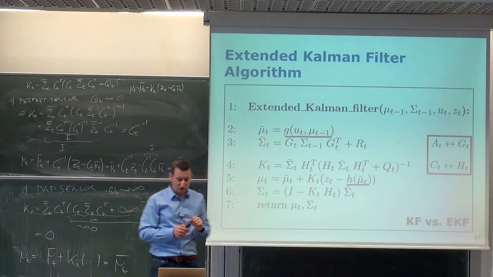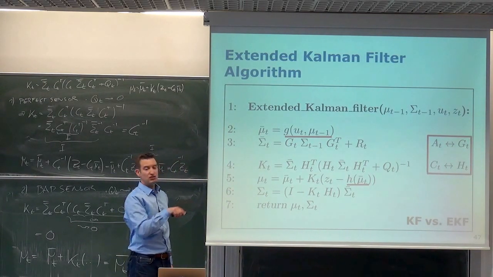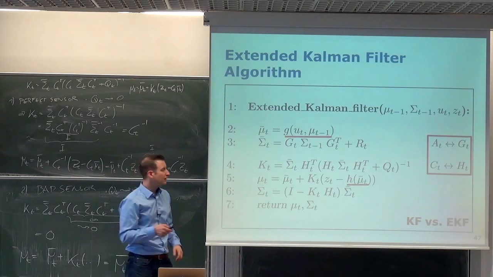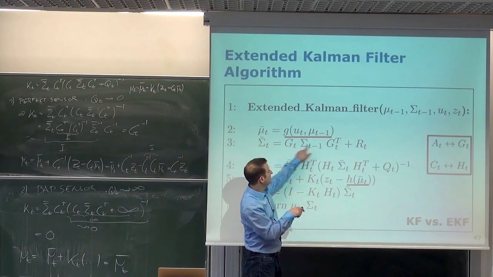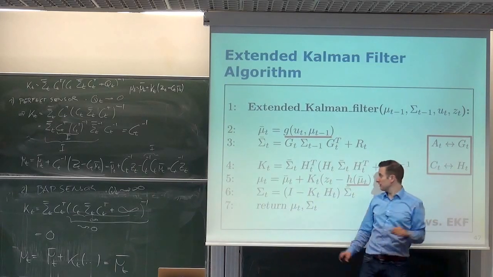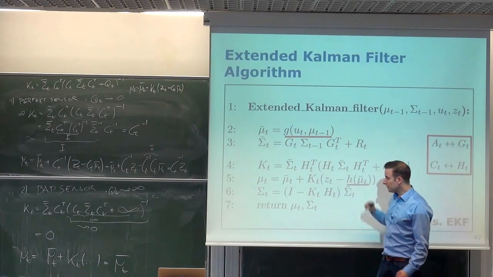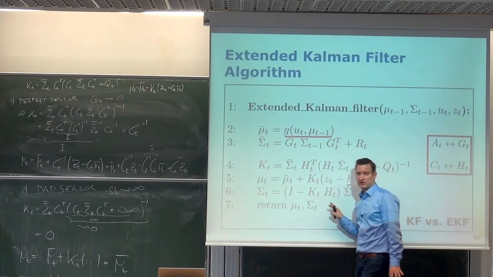So these are two changes. And what additionally changes, instead of my matrix A, I have the Jacobian, so the linearized form in here. And for CT, I have the linearization, so sitting over here, replacing CT by HT. The rest of the equation stays the same.